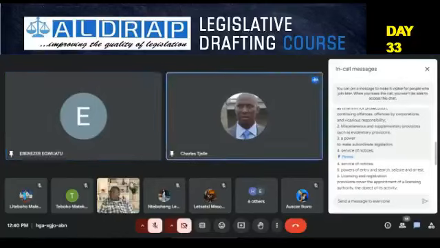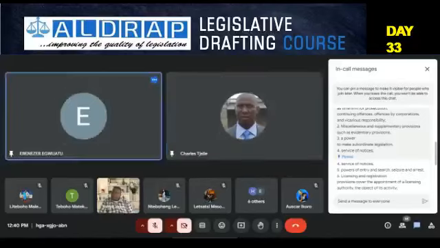Okay. So I'm at 4 now. There's also what we call transitional provisions. Savings and transitional provisions are part of the final provisions. That is what we will deal with next week.